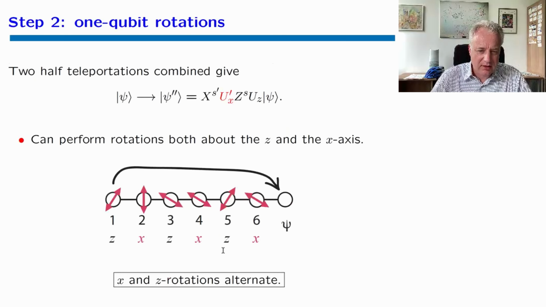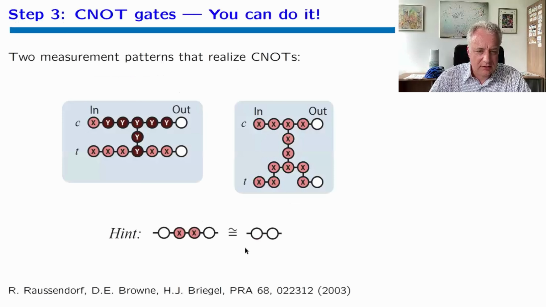Here's the summary: X and Z rotations alternate, and we remember the Euler decomposition. With a single Z, an X, and another Z rotation, out of these three blocks, I can build an arbitrary rotation in SU(2). Good. So we are good as far as the one qubit rotations are concerned. That was step 2, the one qubit rotations.